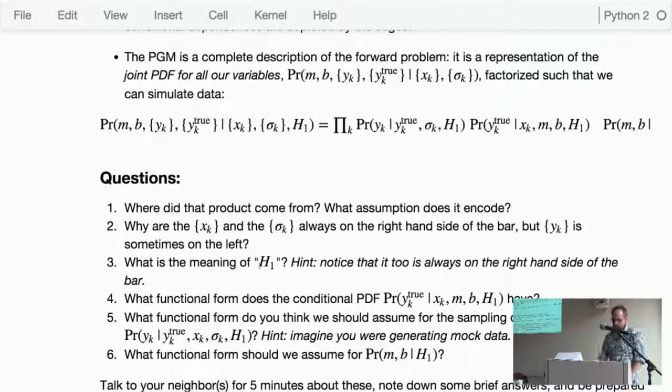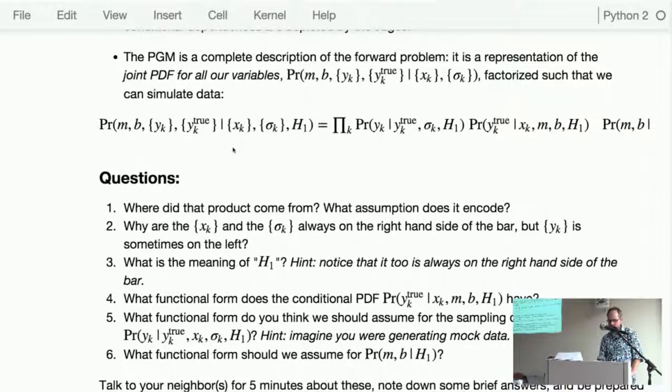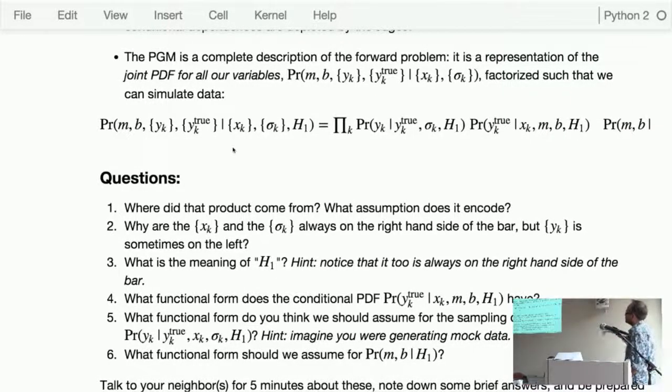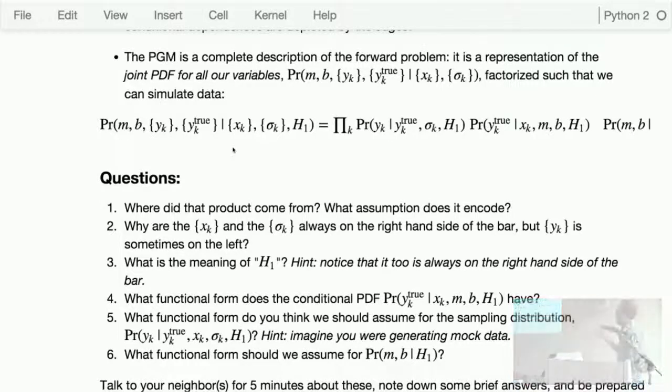And what that box implies, and you can't see it because of the shoot, you can almost see all of it, what that box implies is a factorization. So going from the top of the diagram simulating data forwards is the same as going from the right-hand side of this expression. So first we draw an M and a B from that prior distribution over there. That gives us our true M and true B. And then given that, we can generate yk.